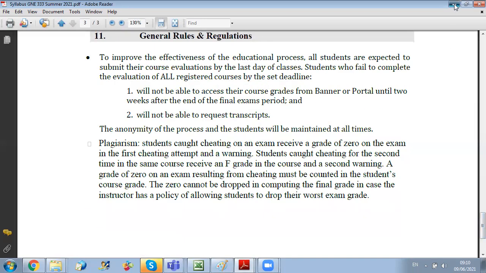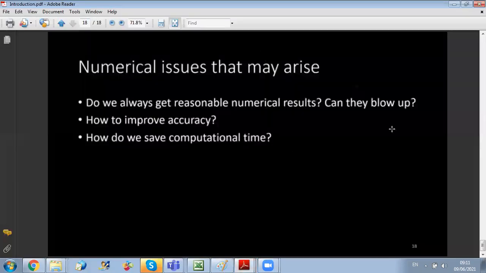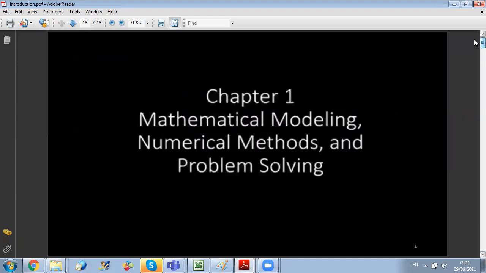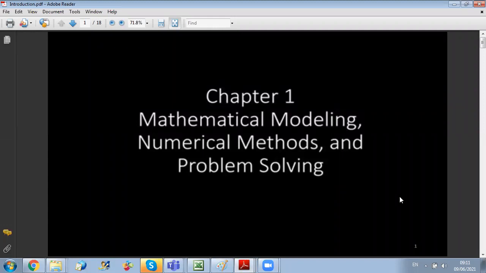Now we will introduce the course. Chapter 1 is about mathematical modeling, numerical methods, and problem solving.